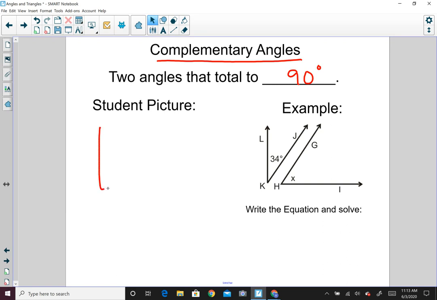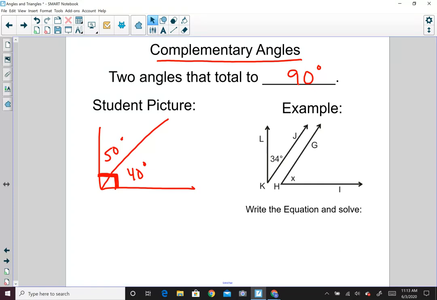But we can draw another picture over here where these two angles are touching and they total to 90 degrees because 50 plus 40 makes 90. And this tick mark here with this box, see this little tick mark? That means 90 degrees. So we're going to use our knowledge of this relationship to create equations and solve them to find our missing angle measures.